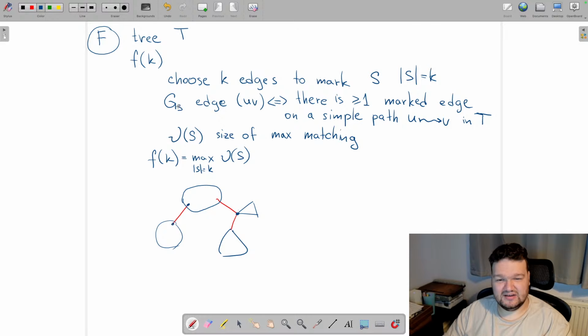Then an edge between two vertices in G exists if and only if those two vertices were in different components. If they're in the same component, then there is a path between them on which there are no cut edges, so there is no edge in G. But if they are in different components, then the path between them must have crossed at least one cut edge.